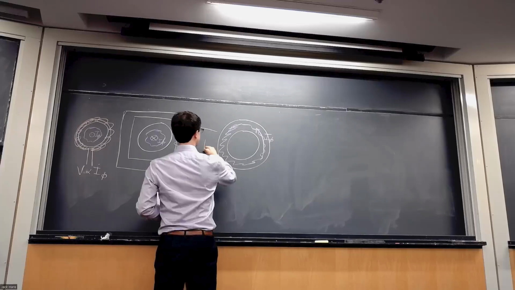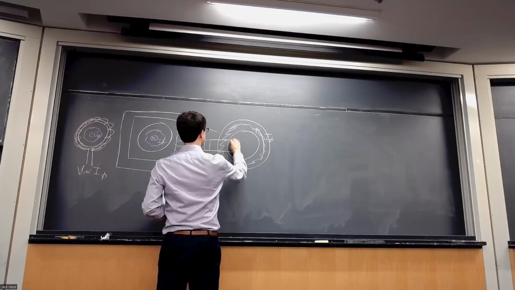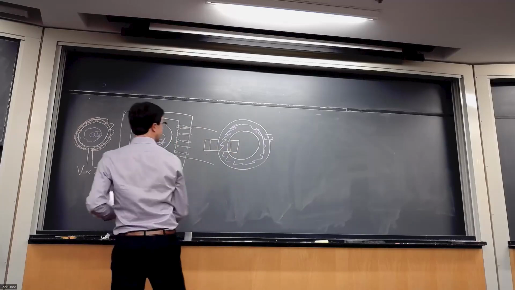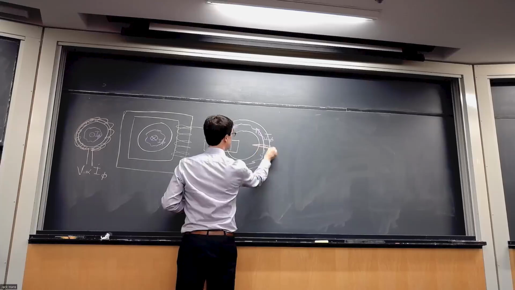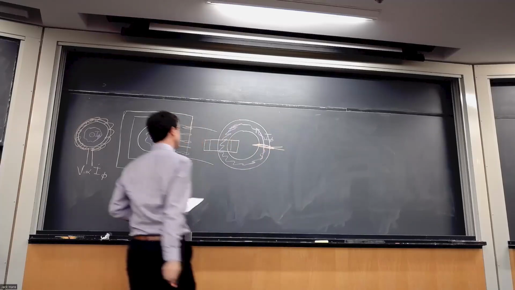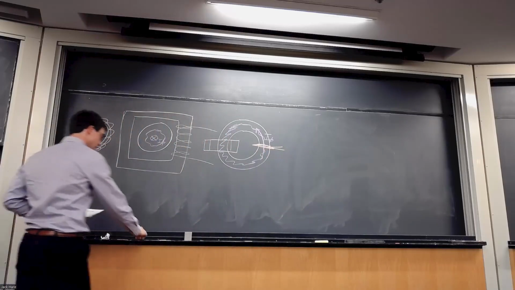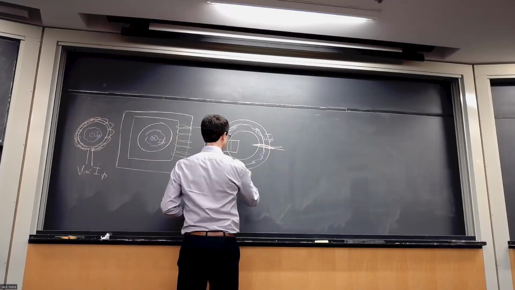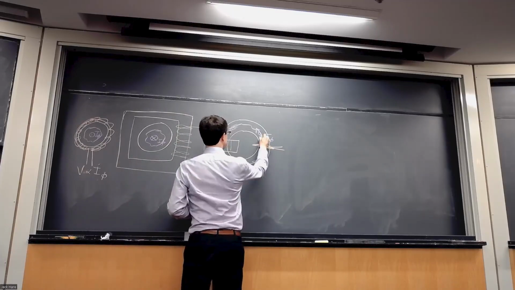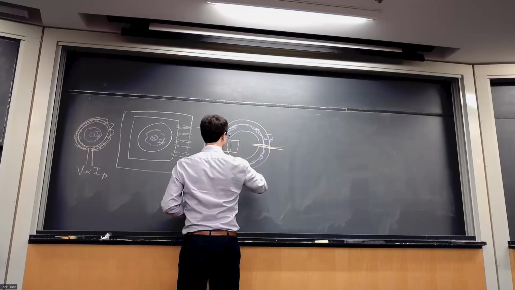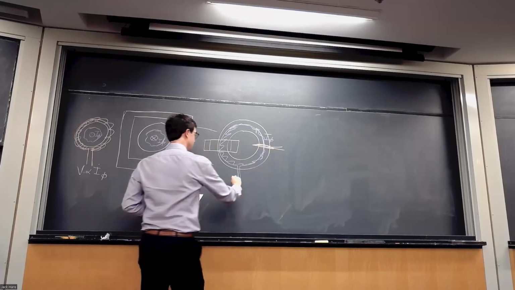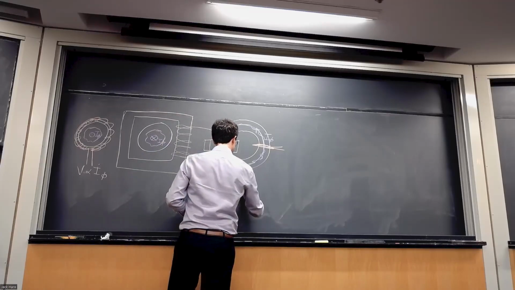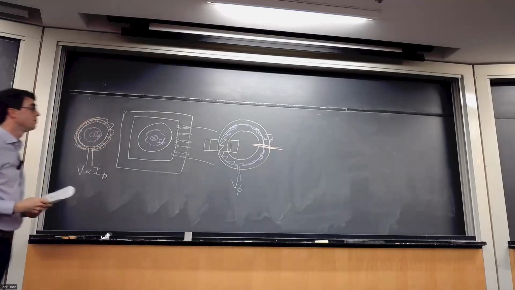We've got some transformer, as already discussed, like that. We've put in our Rogowski coil, like that. And we're also going to put in another loop. And that loop is going to be our voltage loop. So this loop simply looks like this. And it measures V in the toroidal direction.